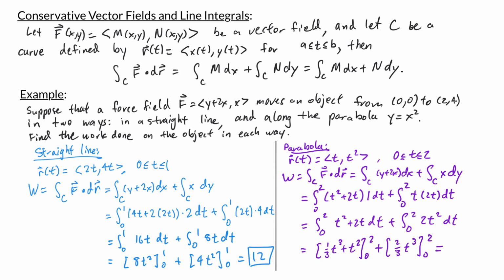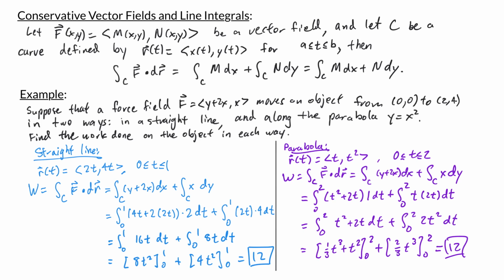And again, when we plug those things in, we end up with 12. So in this example, I chose two different ways to move the object, and they both resulted in the same amount of work done. In fact, no matter what path I choose to take from 0, 0 to 2, 4, the work done will be the same.